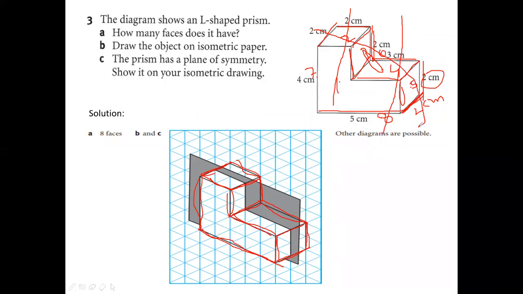If you take a plane horizontally, then you can divide it into 2 equal parts. So horizontally I will draw the plane. Okay, horizontally if we draw, then we can divide the given figure into 2 identical parts. Clear? Did you understand this?